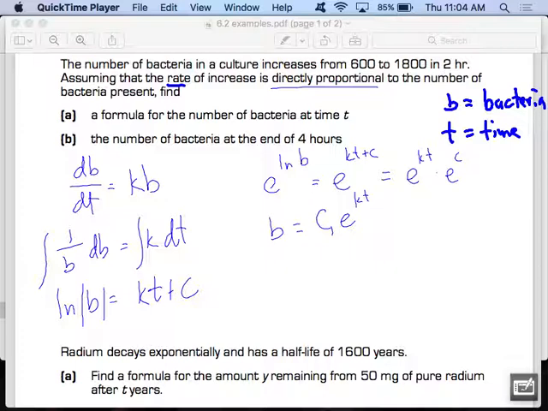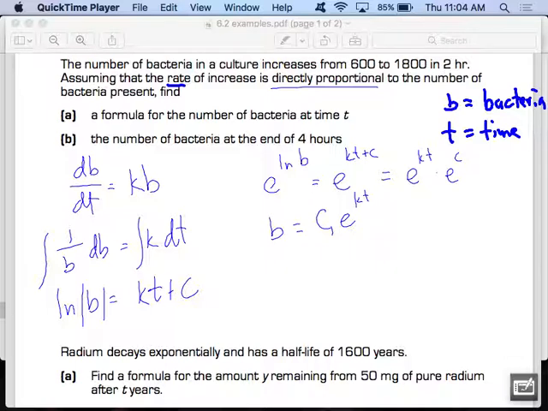Yes, because it's going to be more difficult, because now what we're going to do is solve for c. We have too many variables there. We've got a k, which is also our r. We've got c as our starting amount, and we've got t as time. We'd like to have only one variable, and that would be t. So this should look familiar.